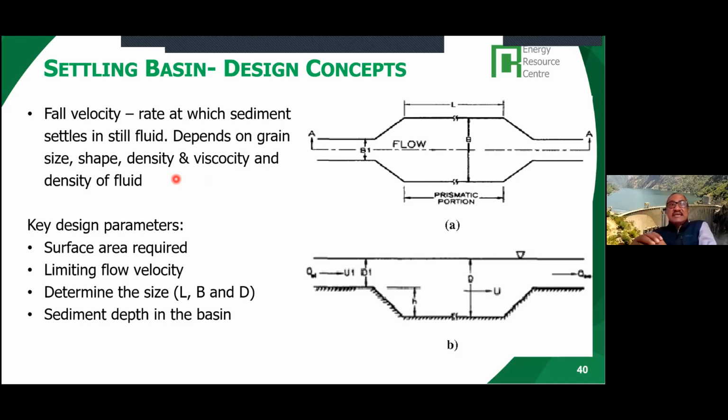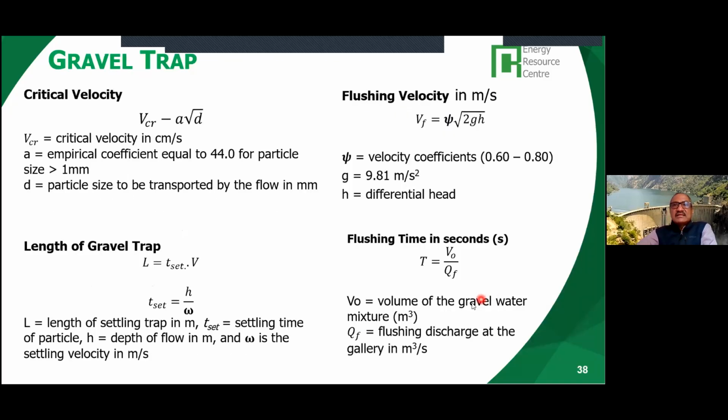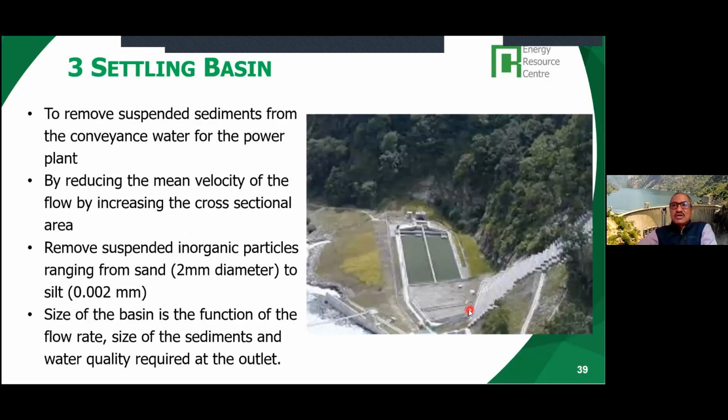Okay, and the key design parameters are: what is the surface area required, what is the limiting flow velocity, and what is the length, breadth, and depth of the settling basin. And the sediment depth in the basin is H, how much sediment you will settle here. And this sediment is, again, like in the gravel trap, flushed back to the river.